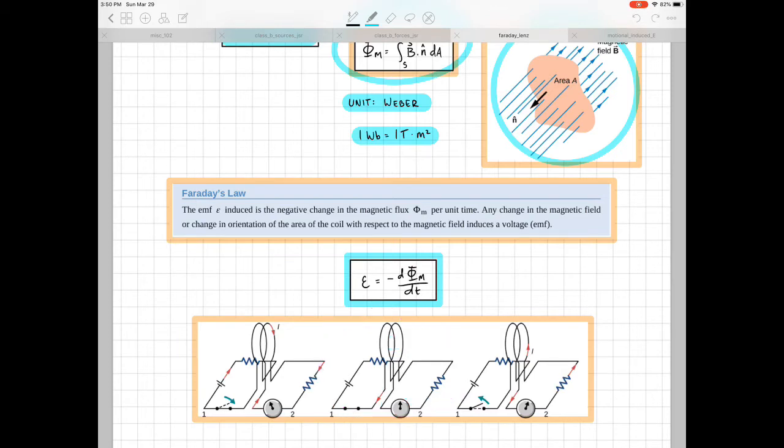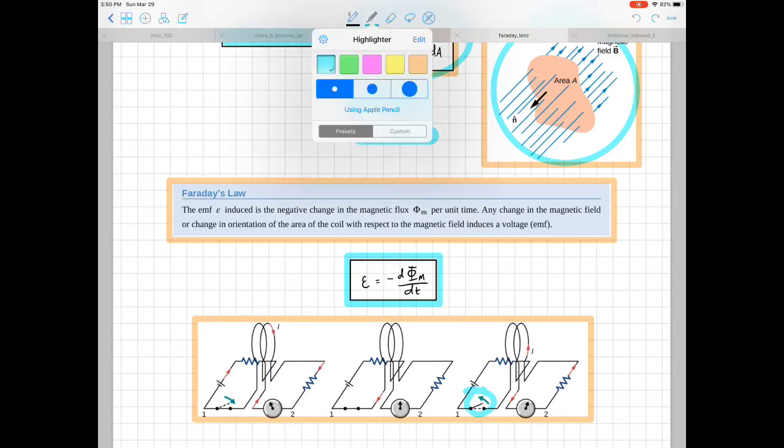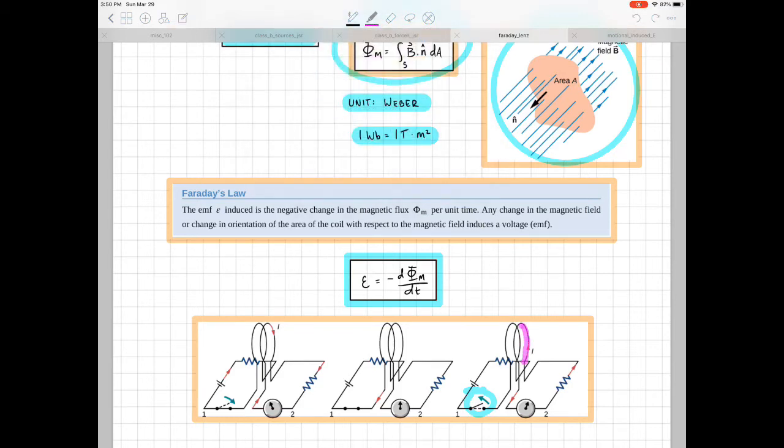Now, at some point, we open the switch, and so all of a sudden there's no current in the left loop. So before we open the switch, there was a B field pointing this way, and then we open the switch, and that B field goes away. So now all of a sudden there was a change in flux in this loop again, right?